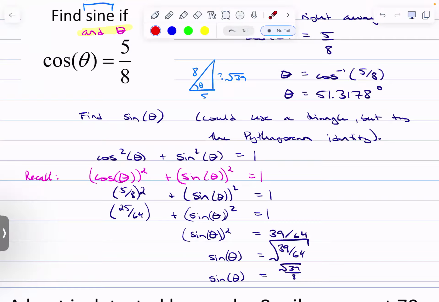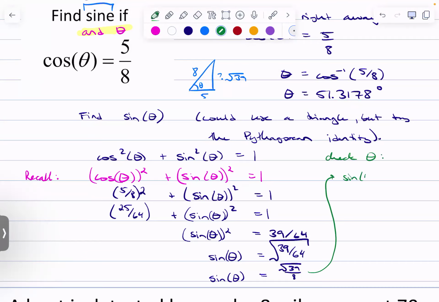So now, if I want to confirm that theta is roughly 51.3178 degrees, right? You could check again. Check theta.